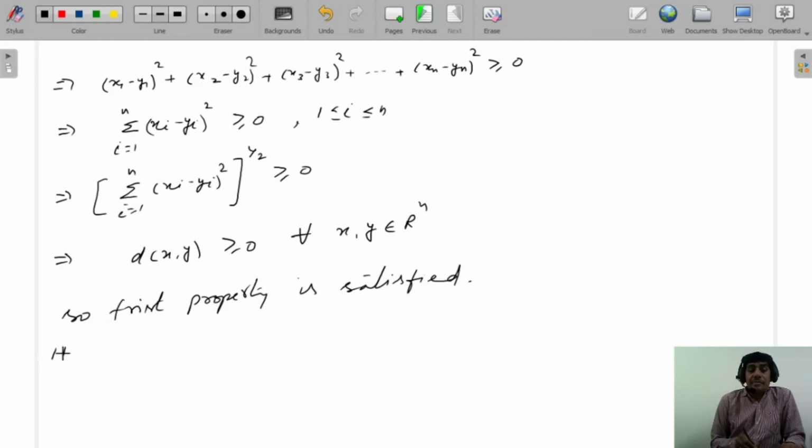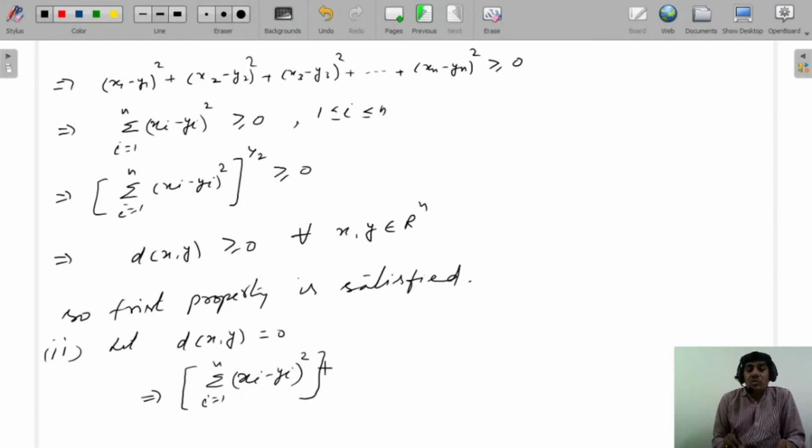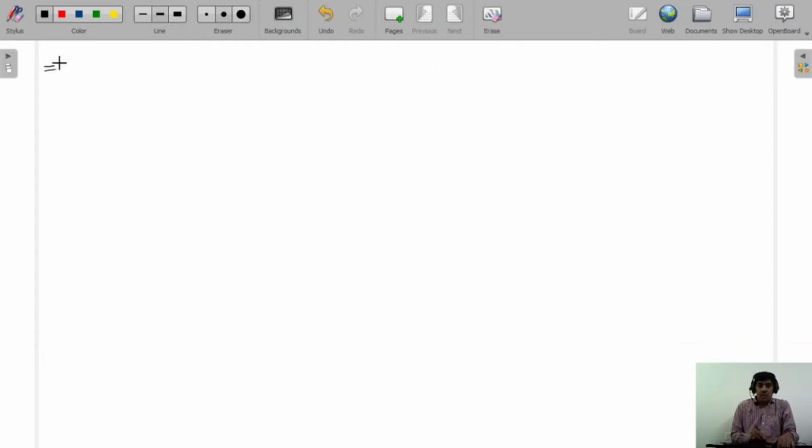Second, let d(x,y) = 0. This implies the summation i from 1 to n of (xi − yi)², raised to power 1/2, is equal to 0. This implies the summation of (xi − yi)² is equal to 0.